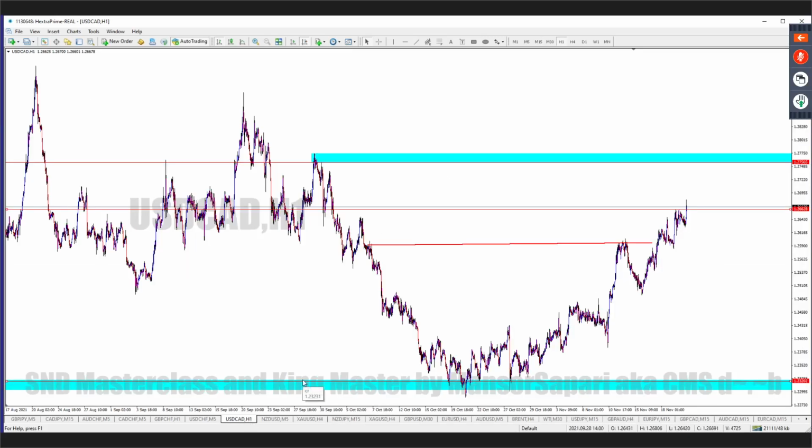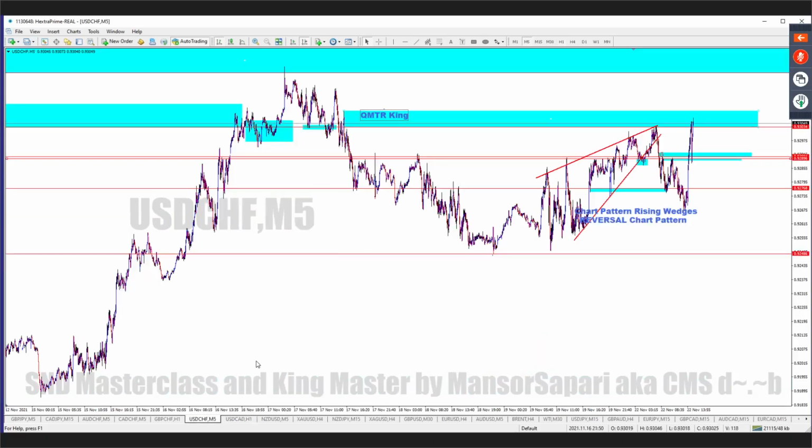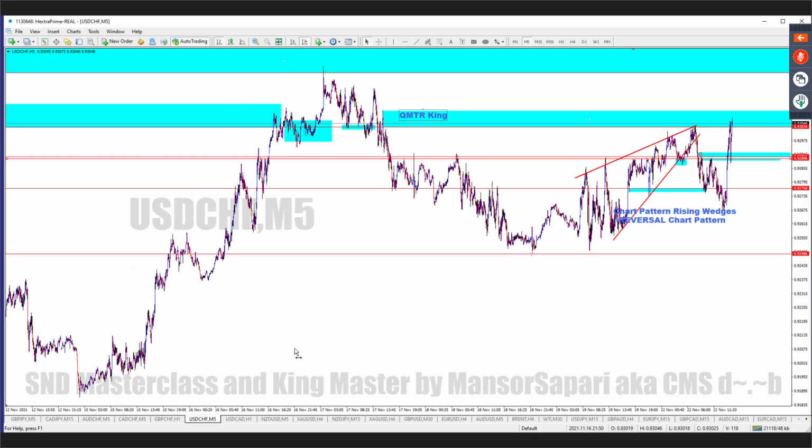The more you do backtesting, the more experience you get. The more experience you get, the more confident you will be. So there is no specific pair to do backtesting. As long as you find the setup, just draw.